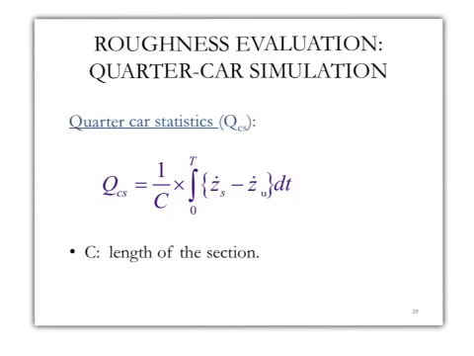QCS, the quarter car statistics, is simply 1 over C, where C is the length of the section, times an integration from 0 to T, the time, of the difference ZS minus ZU over time, and this is how we measure the International Roughness Index.